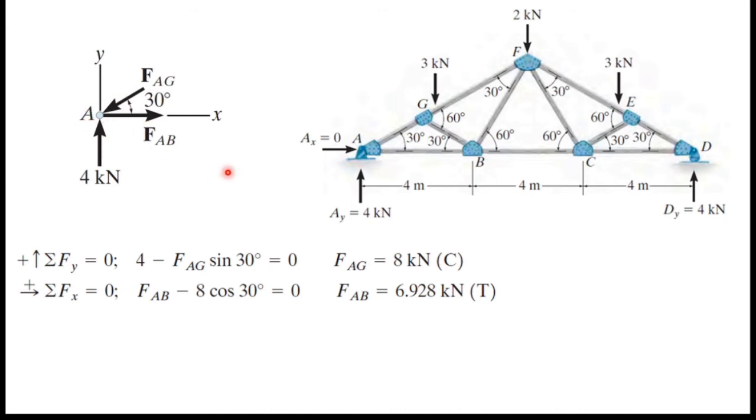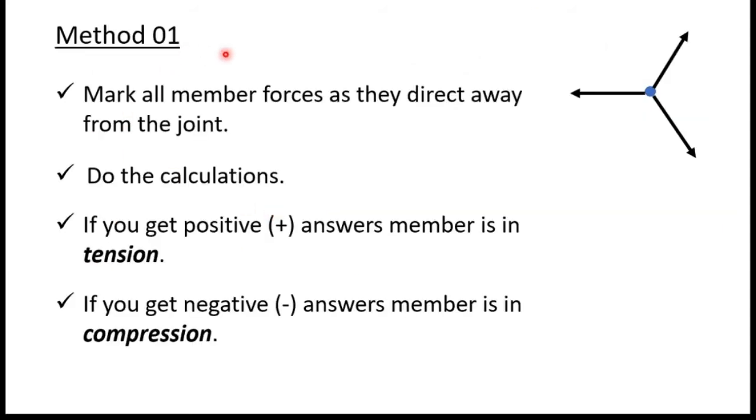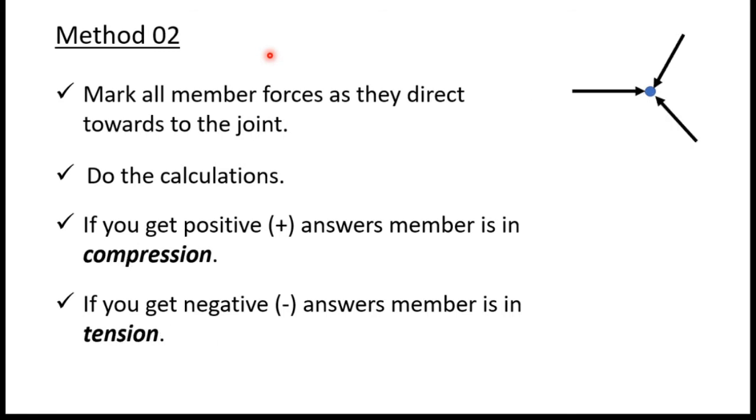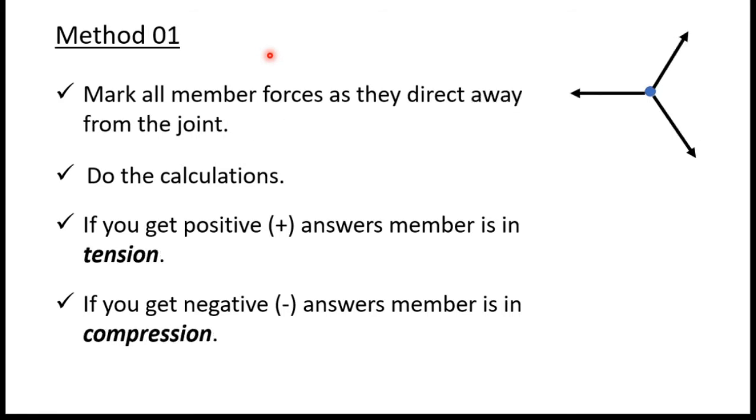But there's an easy way. I will teach you two methods, method 1 and method 2. You can use either method 1 or method 2. You can't use both methods at the same time. Method 1 is to mark all member forces as directed away from the joint, like this diagram. Then do the calculations. If you get positive answers, the member is in tension. If you get negative answers, the member is in compression.